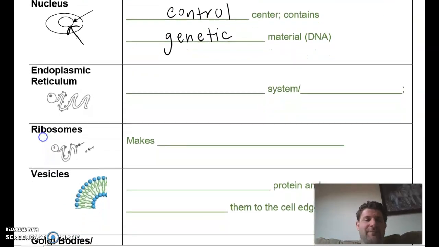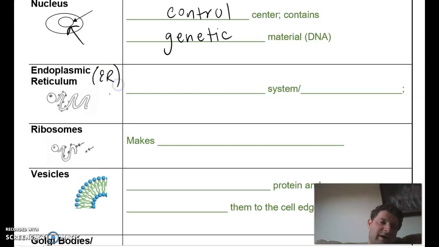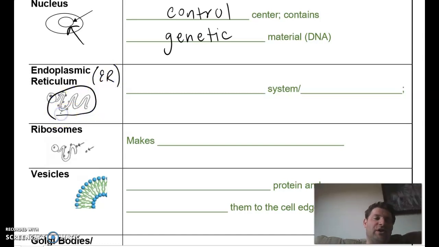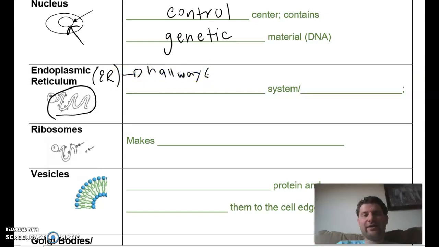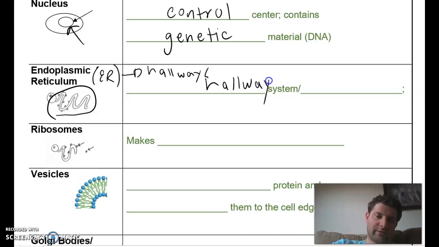Endoplasmic reticulum, otherwise known as the ER. They're like the hallways of the cell. If you look at it, it's like actual hallways, and they carry stuff. So they are a hallway system, and it carries proteins.